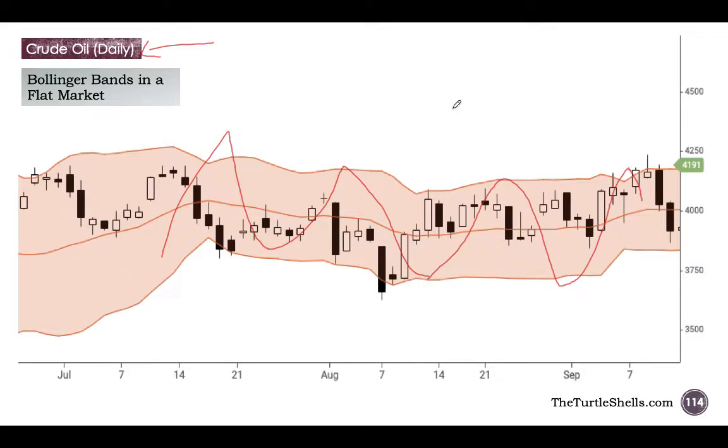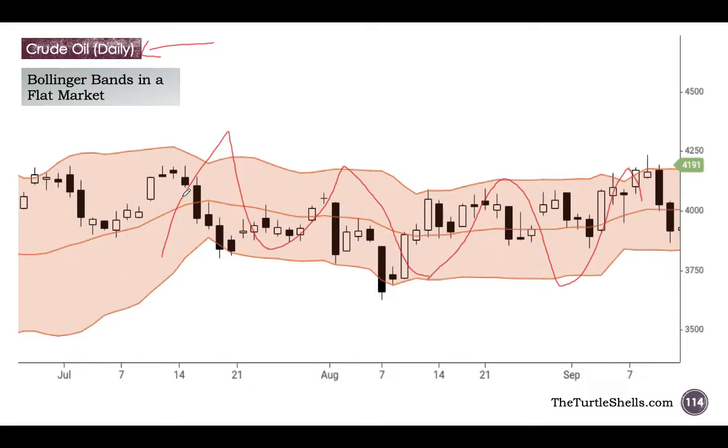Okay, so remember this: when it's a flat market, the price fluctuates between the lower and the upper band. When the price is going up, it is fluctuating between the middle band and the upper band. When the price is going down, the price action is between the middle band and the lower band.